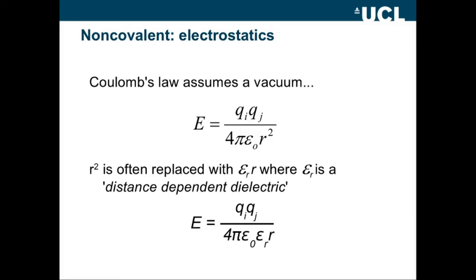So r squared is often replaced with a term epsilon r times r, where epsilon r is known as a distance-dependent dielectric. That means depending on the value of r, the value of epsilon r varies, and therefore can take account of the likelihood of seeing other atoms between the two atoms of interest.